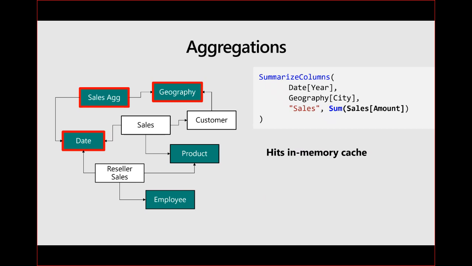Right, so it doesn't know anything about the aggregation table. It just asks for the sum of sales. And because year and city happen to be in the two dimension tables that relate to the aggregation table, the engine internally, based off the metadata mapping that you set up, is going to redirect that query to the aggregation table without the user having to know anything about it. The only thing the user knows is that the performance is blazing fast over a 10 billion row data set. That's it, right? Excellent.